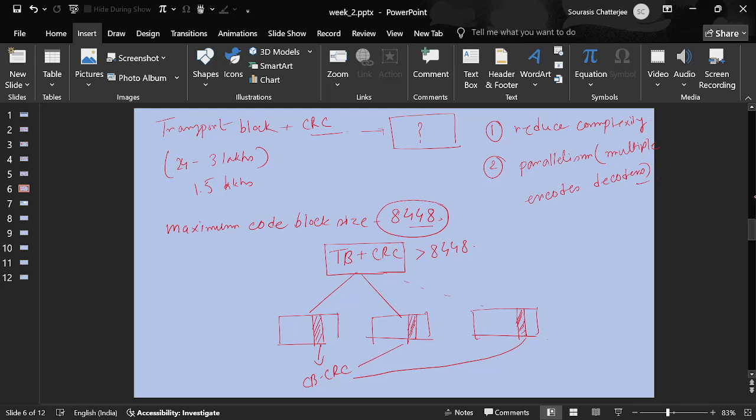So you are saying that if I have these additional CRCs for every code block, and the error is in only one code block, then without the CRCs I would have to retransmit the whole transport block. But now, since I can know which code block has errors, I can request retransmission of only that particular code block. Is that what you are referring to?